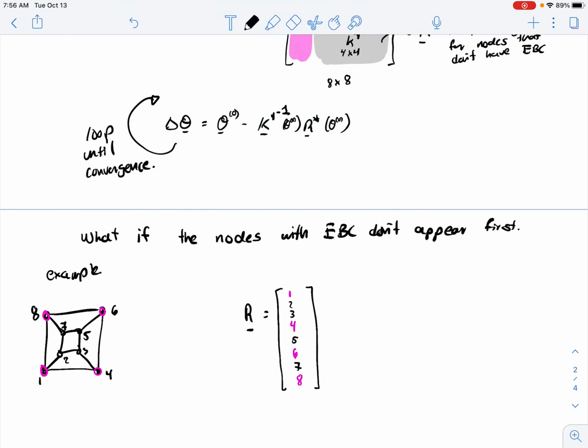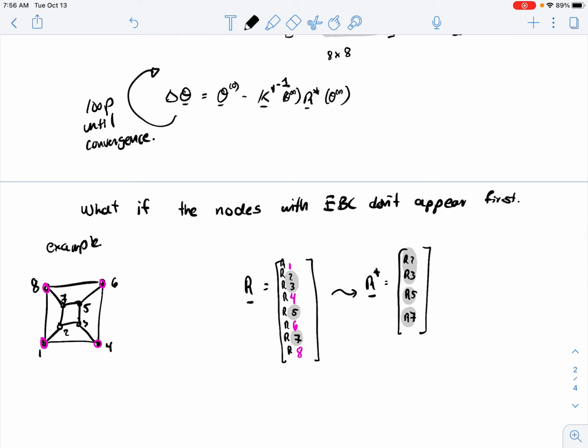Then my R star should basically only have these. So that's how it should look. It should only have contributions from, let me call it R1, R2, R3, R4, R5, R6, R7, R8, should only have R2, R3, R5, and R7.